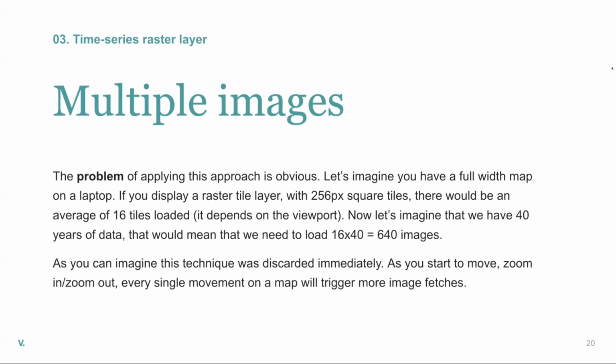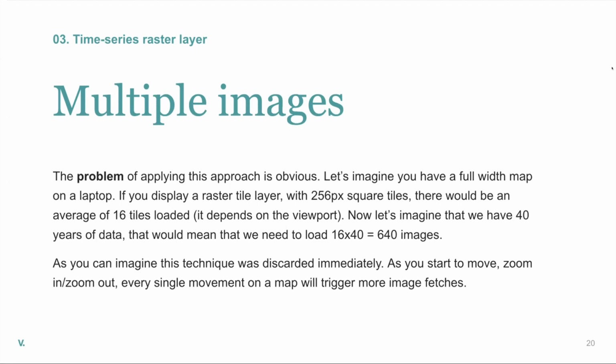If we imagine a full width map of 256 square tiles, at the end we will be loading an average of 16 tiles, 14 more or less. So if we try to load 40 years of data, we will be loading at once, only per viewport, 640 images. So of course, this was discarded immediately.